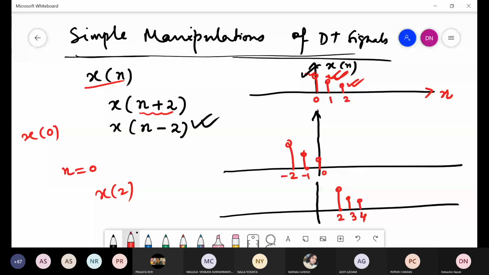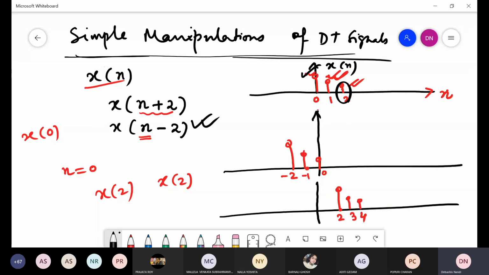Why? Can you tell me? Because you see, when you put n is equal to 4 here, then you are getting x2. And what is x2? x2 is this signal.